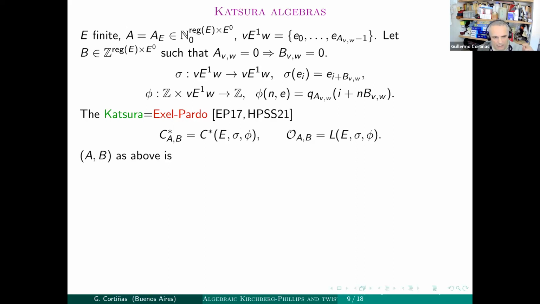And I will say that a pair (A, B) as above is KSPI, K for Katsura.